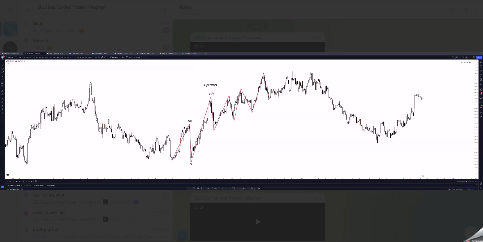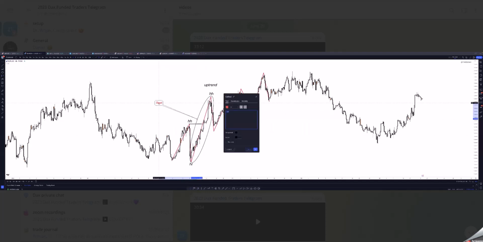So you now circle it for me like this. You just use this right here. Tell me that is your swing structure. You could use this call out tool here. Tell me this is your swing structure.